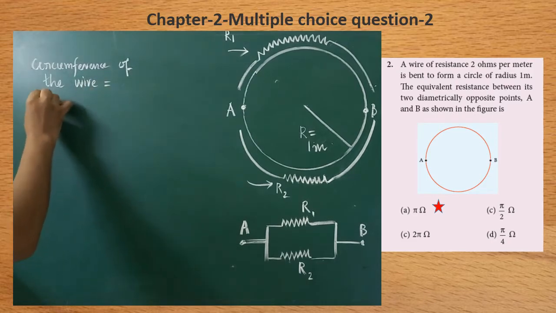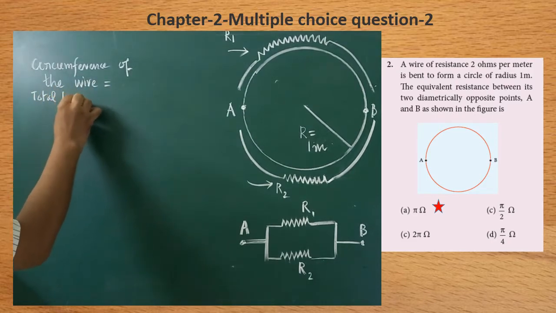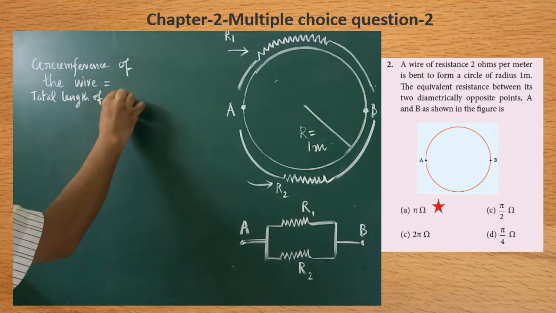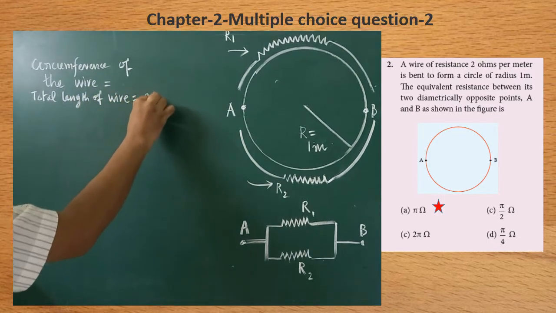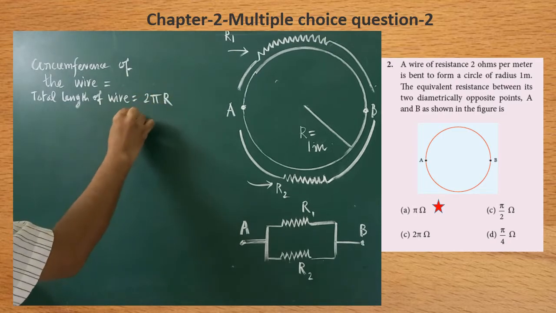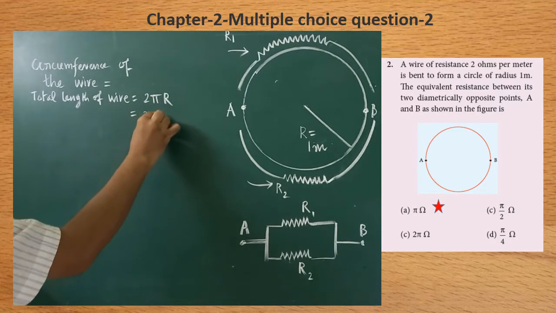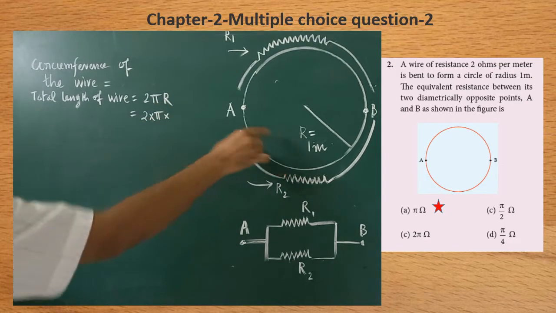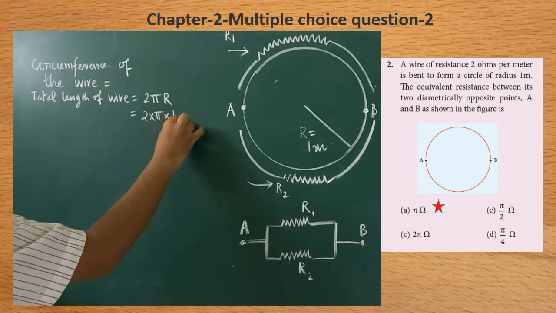Are you clear? The circumference formula is 2 pi r. Here 2 into pi into the radius, 1 meter, as per the problem.